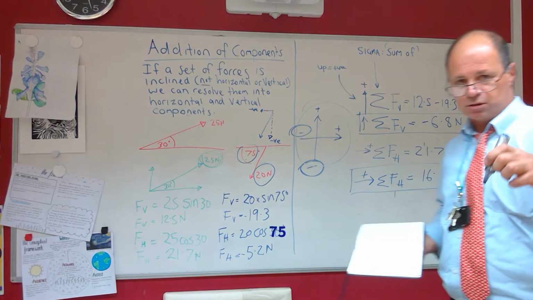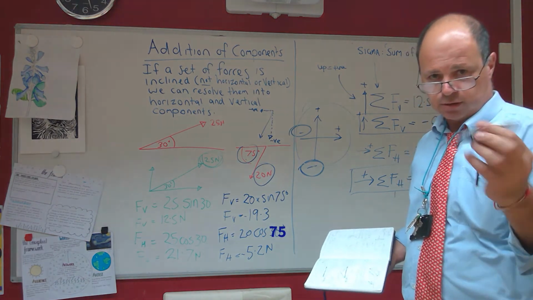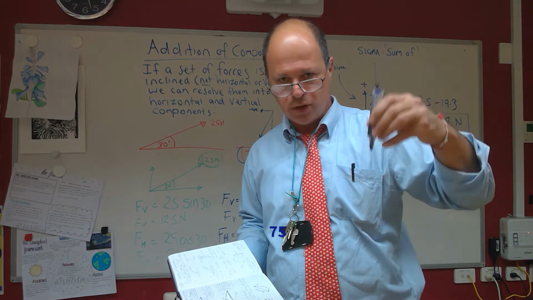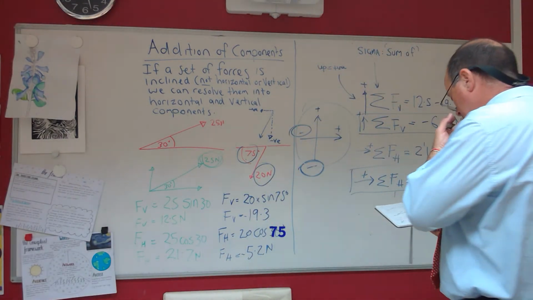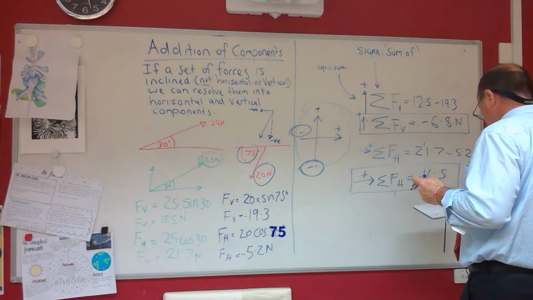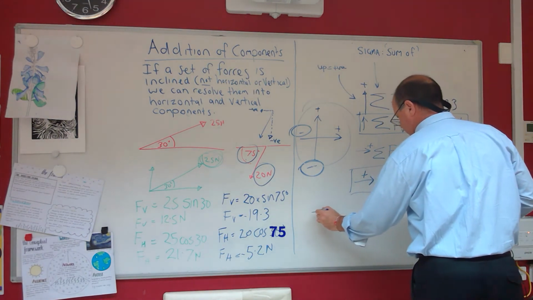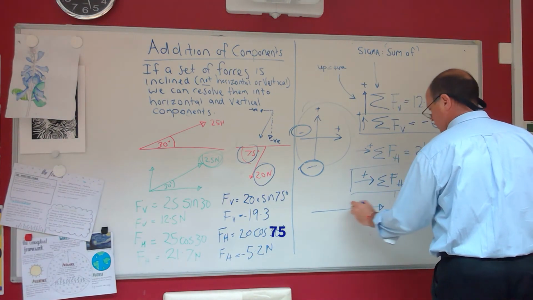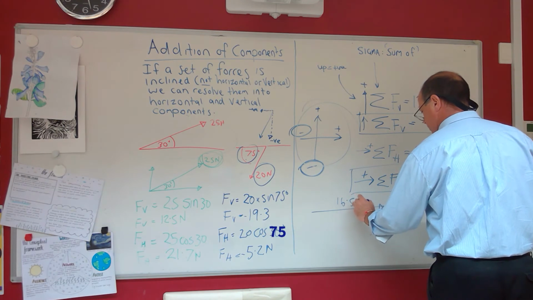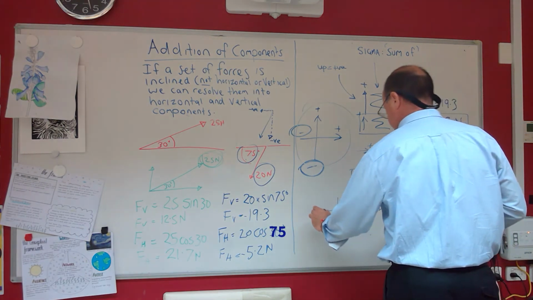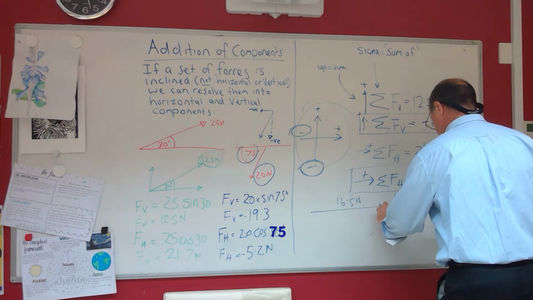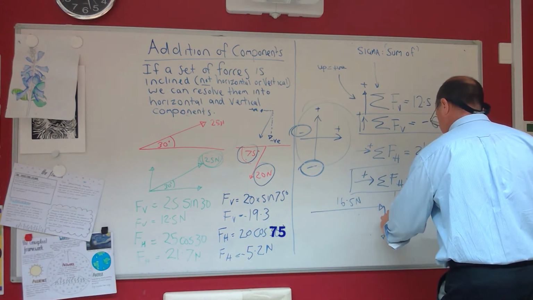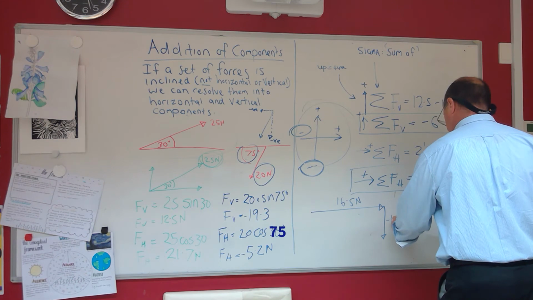Now if you've got a horizontal and a vertical, we can use Pythagoras' theorem to come to a solution, okay? So the final working out would be, we could draw a vector diagram that was 16.5 newtons this way, and going down, tip to tail, minus 6.8 newtons.